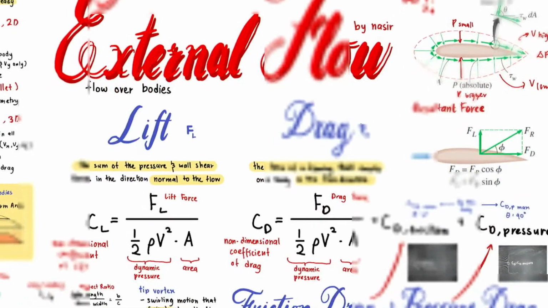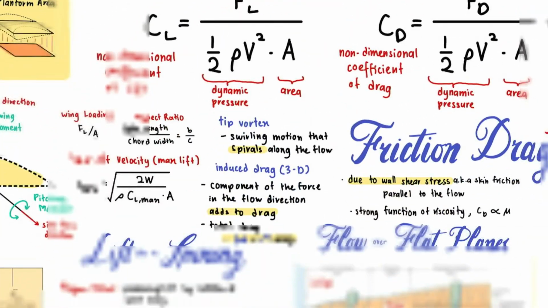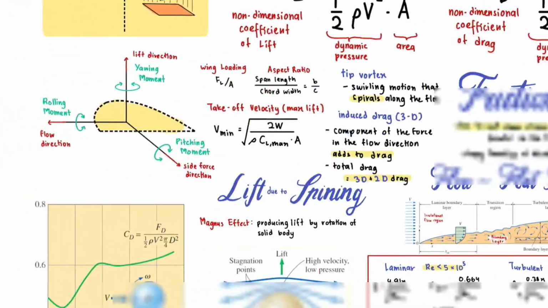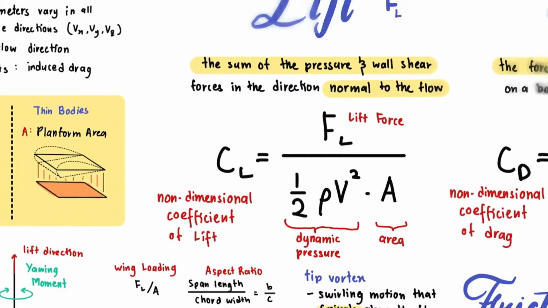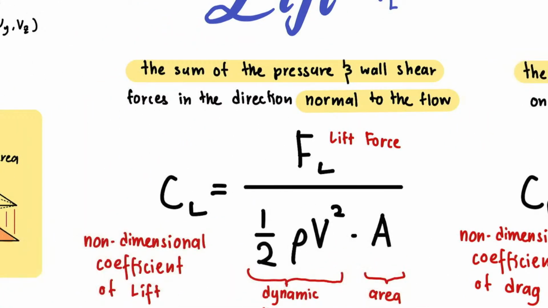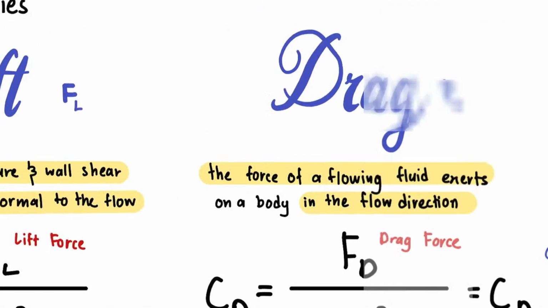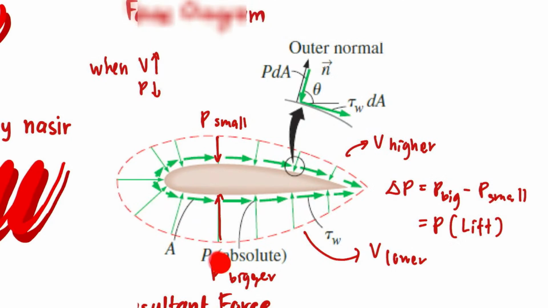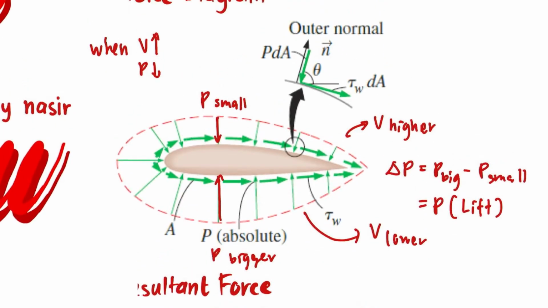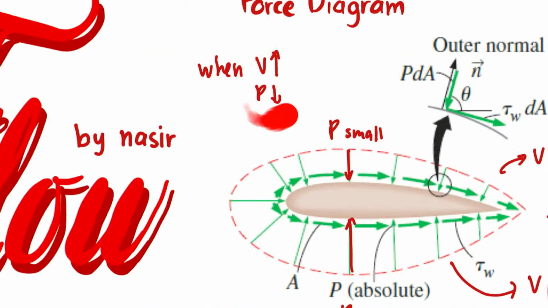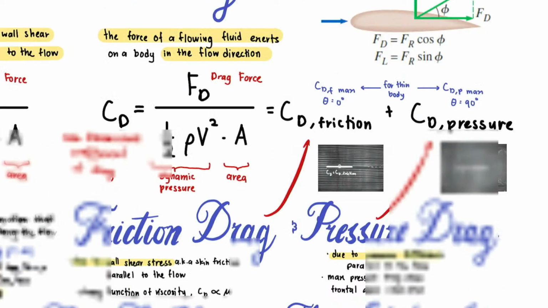Lift is the sum of pressure and wall shear. Okay, this is important. The sum of pressure, because the pressure over here is smaller and pressure over here is bigger. Why do we assume this? It is from Bernoulli's equation. We all know that. So that is lift.